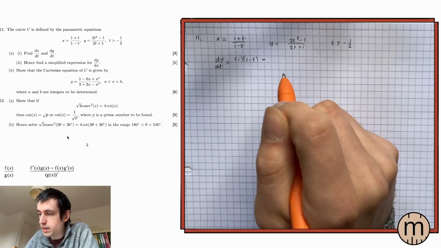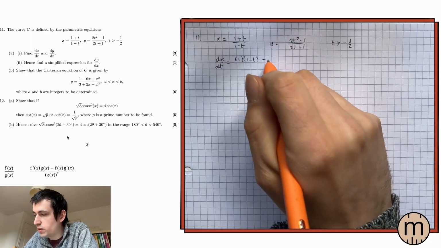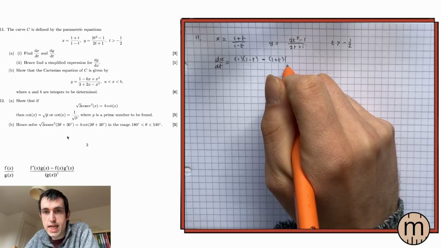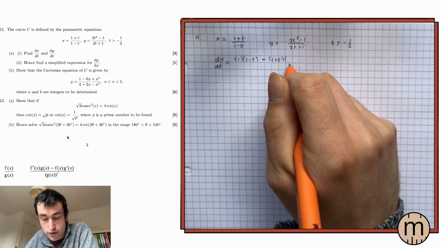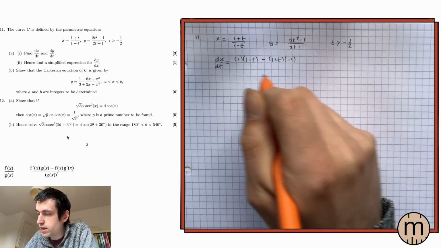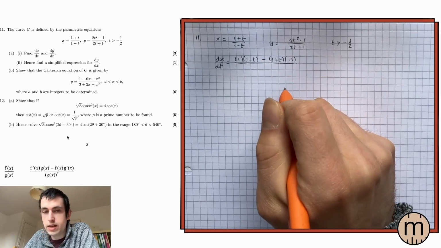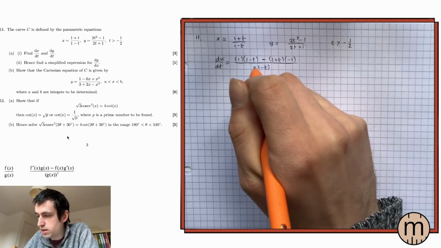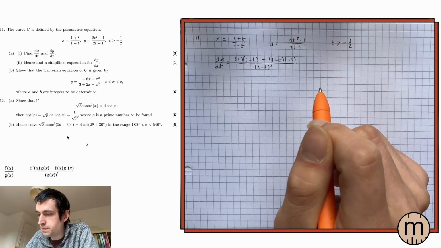We then minus the opposite of that: leave the numerator the same and times by g dash, the derivative of the denominator, which is minus 1. And then divide that by g of x squared, the denominator squared, like this.